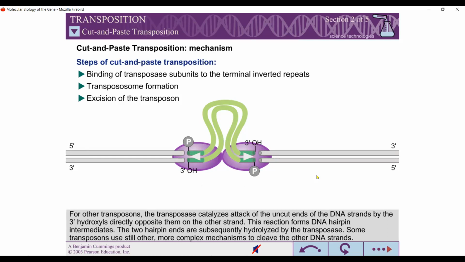Once the two ends are joined to form the DNA hairpin, the hairpins are subsequently hydrolyzed by the transposase. Some use different complex mechanisms to remove this hairpin, because since this is a 3' end and this is the 5' end, automatically there is a tendency of the 3' and 5' to bond, and hence those hairpins form. So you need to remove these hairpins because this is now supposed to be integrated into a target site.